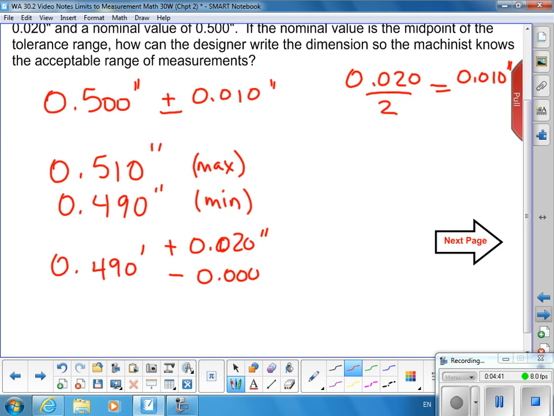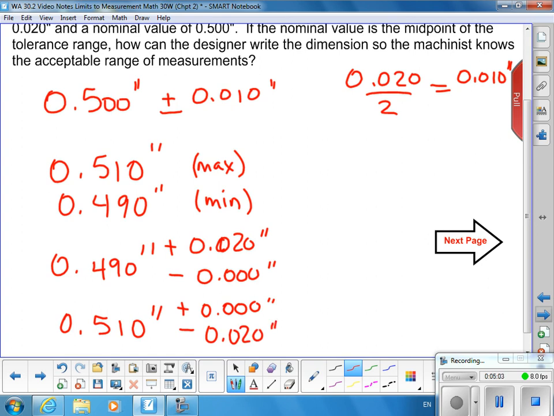The last way to write it is with the max value, and you would add, of course, 0 because that's the maximum it could be. You're not going to get any bigger, but you could be up to 0.02 of an inch smaller.